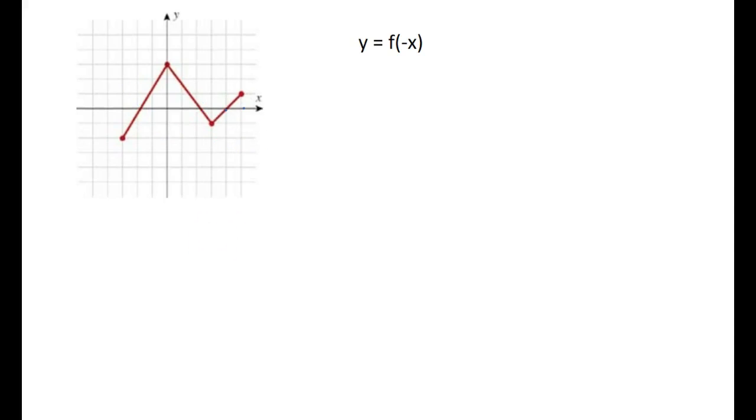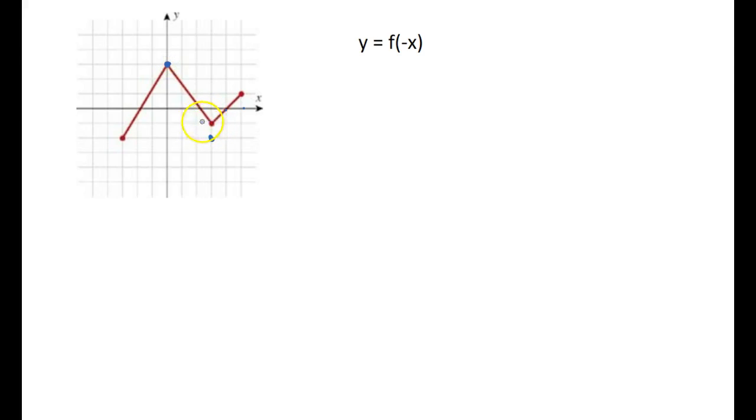Okay, so let's look at what happens if we make x negative. So remember, this is going to reflect it over the y-axis. So this point here is at negative 3, negative 2. It's going to move over to positive 3, negative 2. This point is going to stay on the y-axis, so it's going to stay there at 0, 0. This point here is at 4, negative 1.